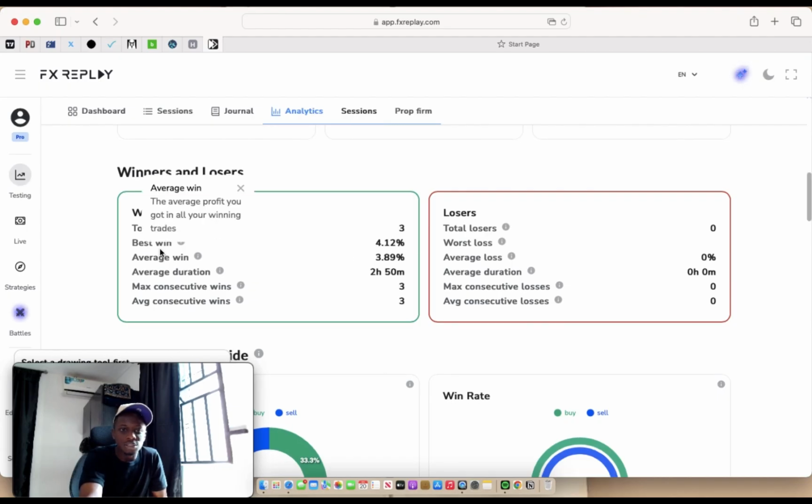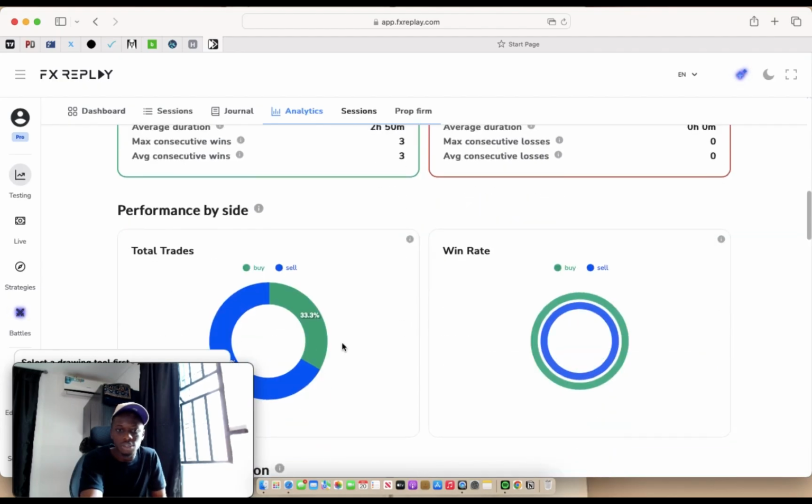Total winners 3. Best wins 4.12%, because I'm risking 2. Average win 3.89. Average duration 2 hours 50 minutes. Max consecutive wins 3. Average consecutive wins 3. Losers 0. Let's keep going.